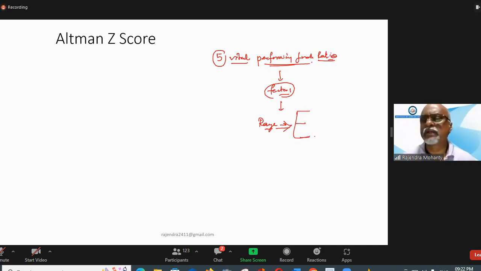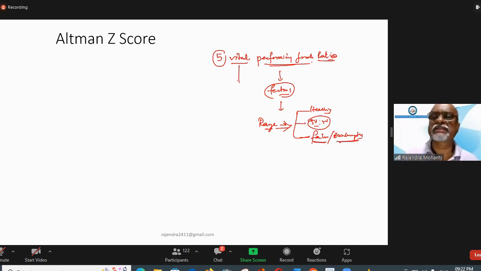One range was for the entire failure, or we can say bankruptcy. The middle one is 50-50, meaning neither bankrupt nor healthy. The first one is healthy, meaning the business is going on well, there is no problem. 50-50 means neither quite healthy nor facing bankruptcy. But the third range predicts bankruptcy.